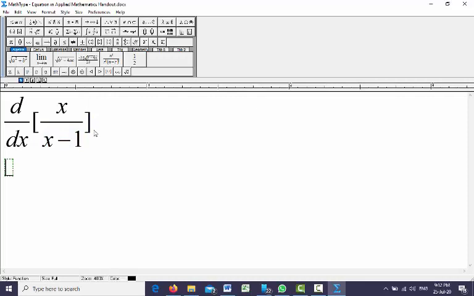What is that? If you want to apply the division rule of differentiation, you have to get a fraction first.